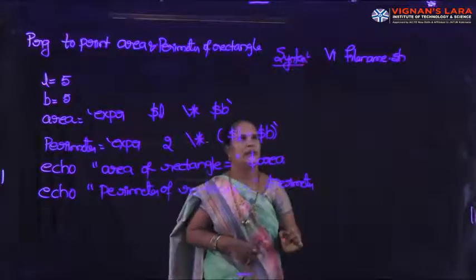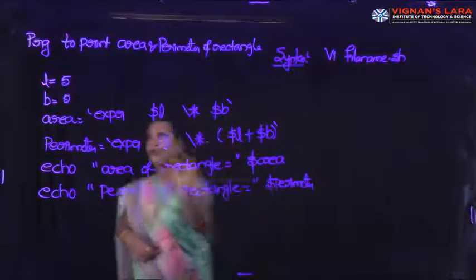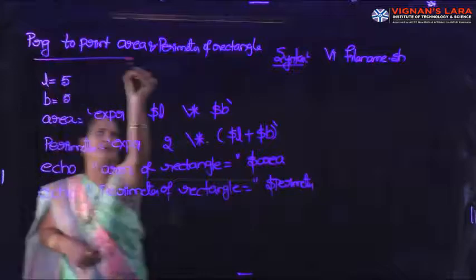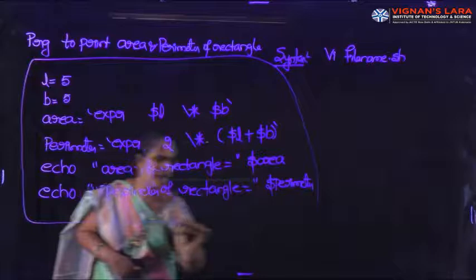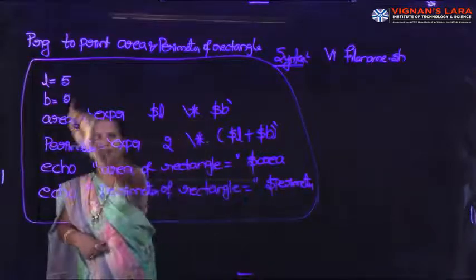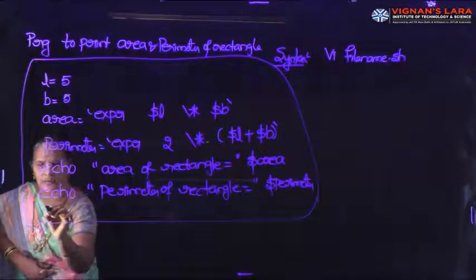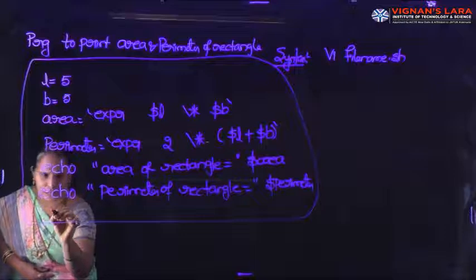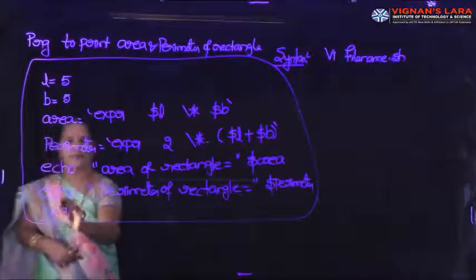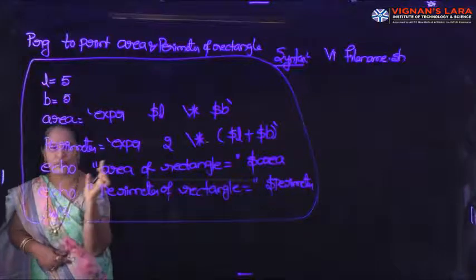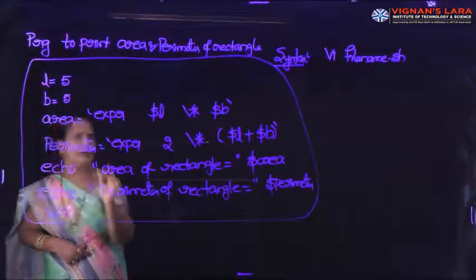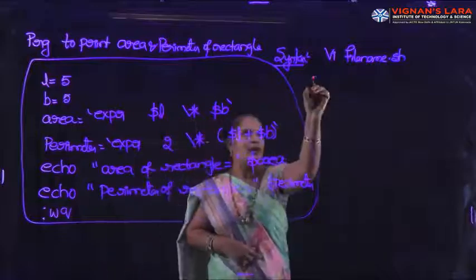Then it will display the editor. Within the editor only, you have to write the entire program. In order to save the entire shell script, first you have to press escape, shift colon WQ. W stands for save, Q for quit. Escape shift colon WQ means the entire code will be saved. Simply it is going to display the dollar prompt.